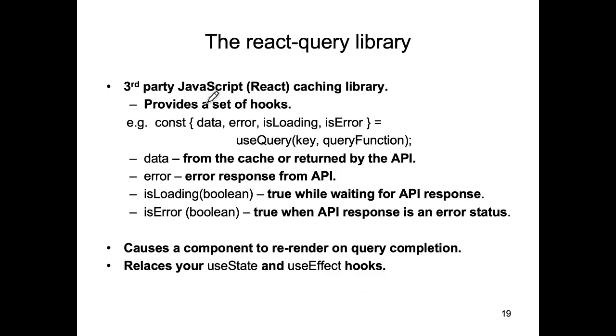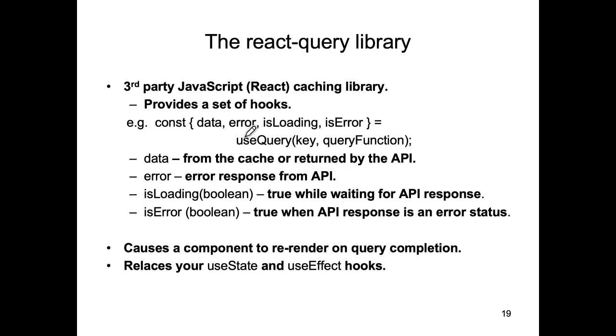The earlier incarnations of it, the interface was a little less user-friendly or developer-friendly. So it provides a set of hooks, and this is how we, as React developers, interact with the cache. And in particular, really all we're mainly interested in doing is asking the cache for particular data, if it has it. And if it doesn't, letting the cache get that data and return it back to us eventually.